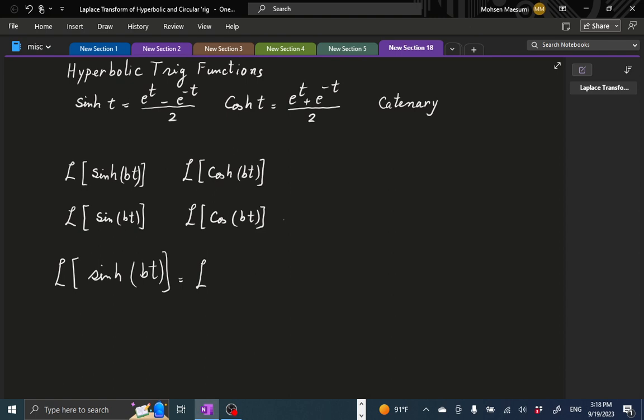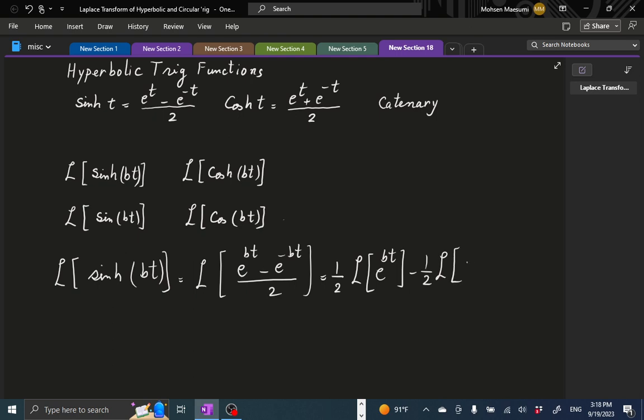That would be the Laplace transform of e to the bt minus e to the minus bt, over 2. And of course, by linearity, I can break this up as 1/2 of the Laplace transform of exponential of bt minus 1/2 of the Laplace transform of exponential of minus bt.